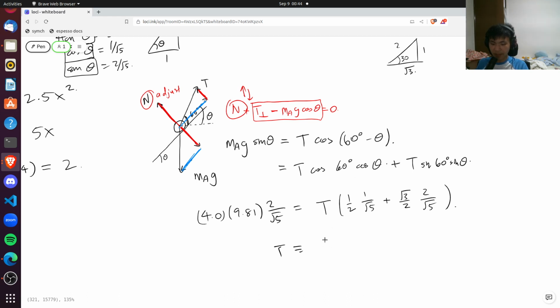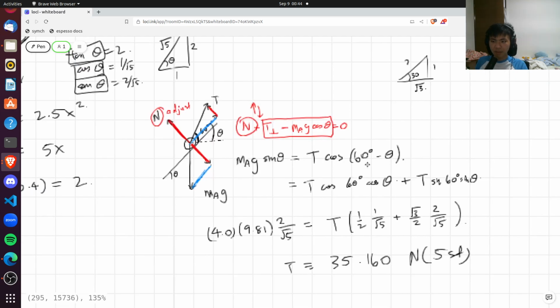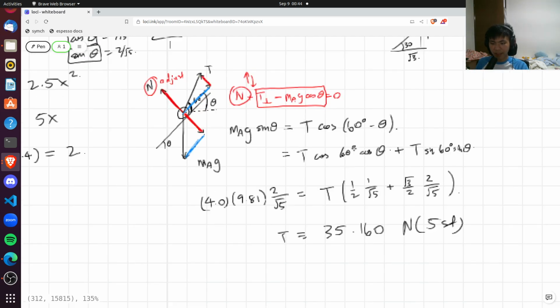The value of T that I got is 35.160 to 5 SF, and of course this has units of Newton. So that's the value of tension.